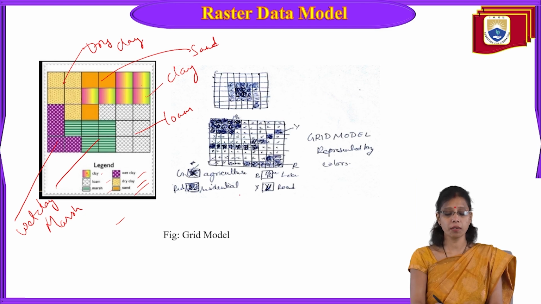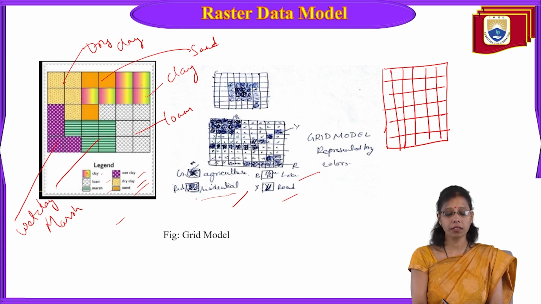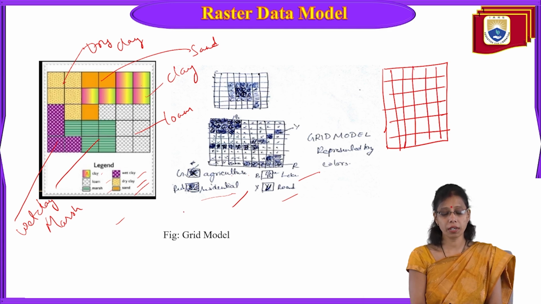So here in this example also you can see green agriculture, red residential, lake blue, as I showed you in the previous one. So the same thing I will show you here. This is how the grid is created. Now in this grid, if I need to show the green one, green is agriculture, and red is the residential.